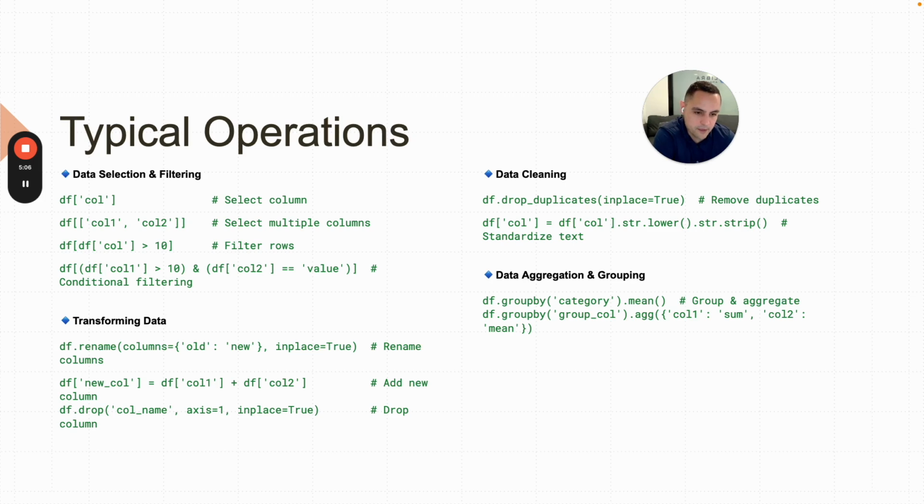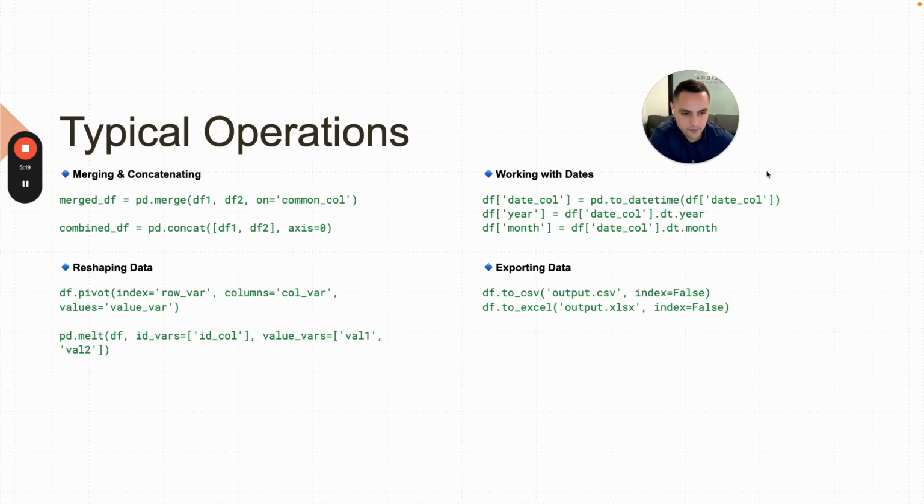Additionally, you may need to aggregate. So you can do a collapsed summary of your data, maybe by a category or maybe by a group. In that setting, you would use group by. Additionally, merging. So merging different sources by a common variable, or you may actually stack data together as well.